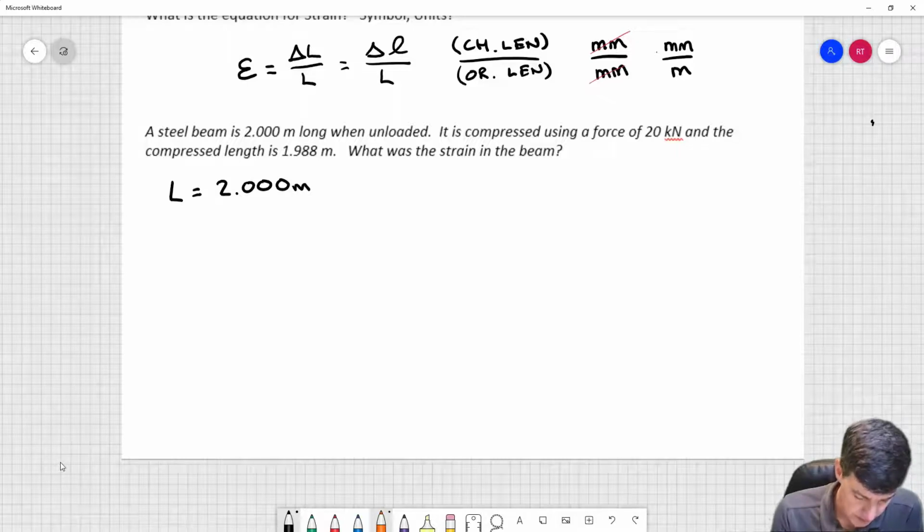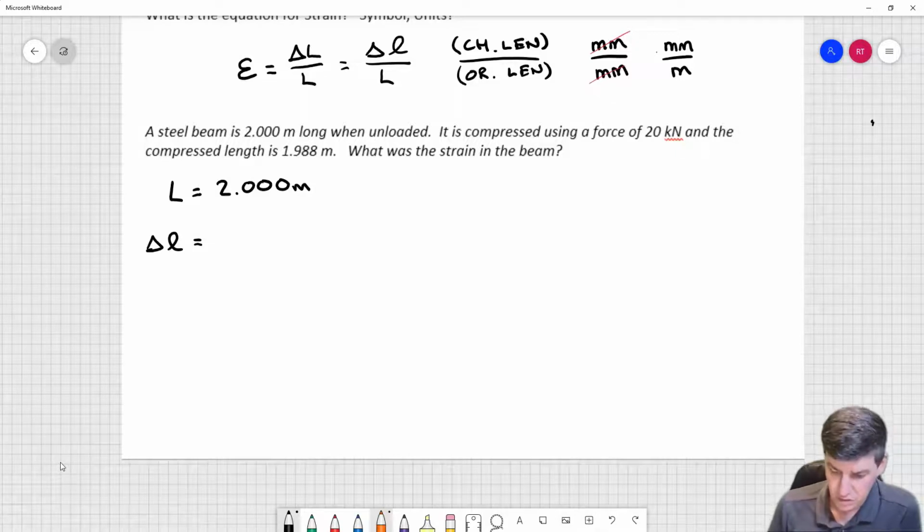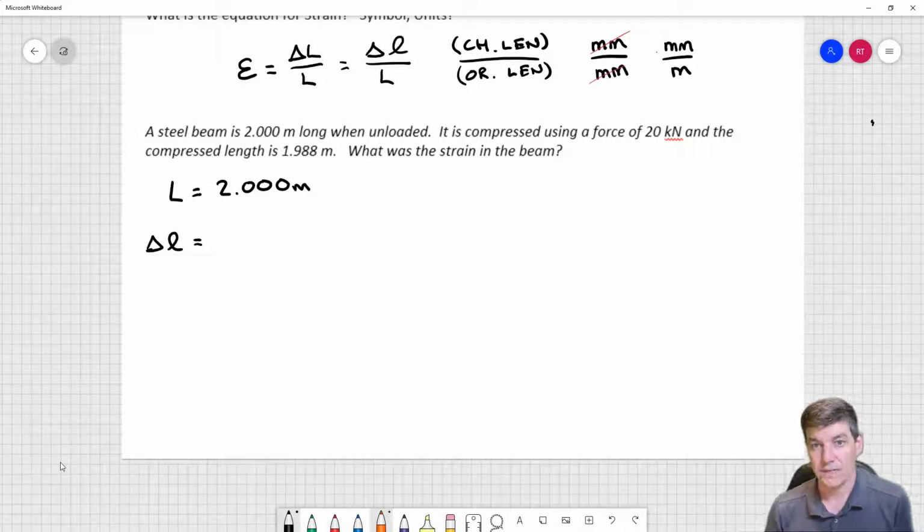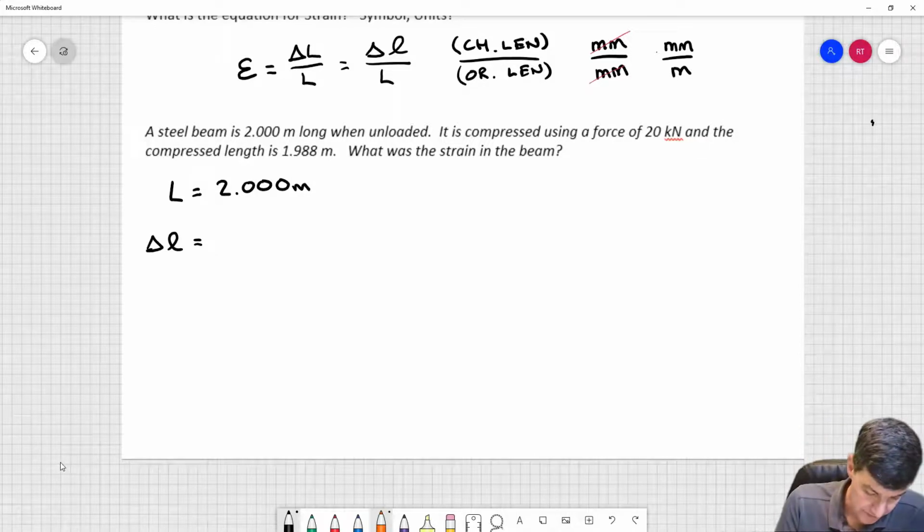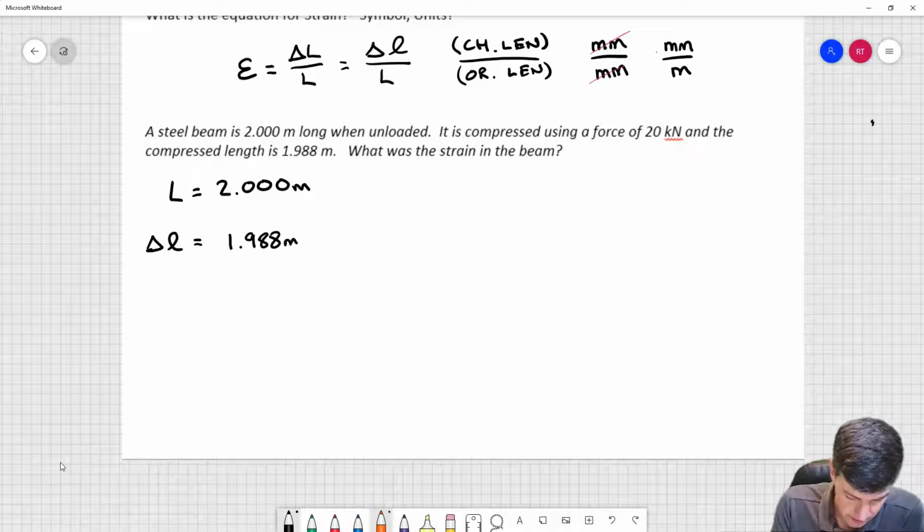Okay, we're going to need to know a change in length. So if we are measuring a change in length, it's going to be what do we have now compared to what did we have previously. So what we have now is 1.988 meters minus what we had previously, 2.000 meters.